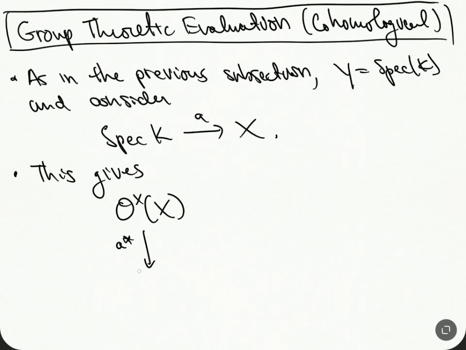Here, this was H0, and then we had Spec K. I'm just going to write K, GM. So this is just K star.